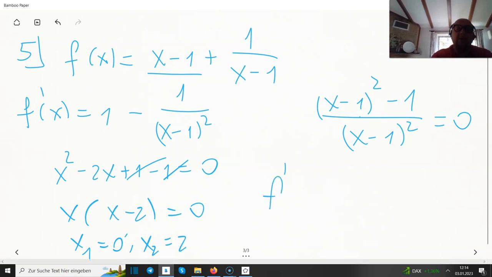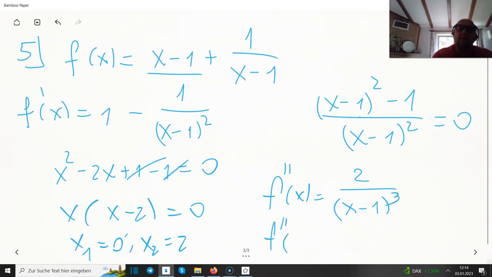All right. f second prime of x. Well, this is just minus 2 coming up. This is 2 divided over x minus 1 cubed. f second prime at 0 is just 2 divided by minus 1 cubed, which is minus 2, which is less than 0, so it's a max at 0. And let's see, this is minus 1 and this is minus 1, so 0 minus 2, it's a max.